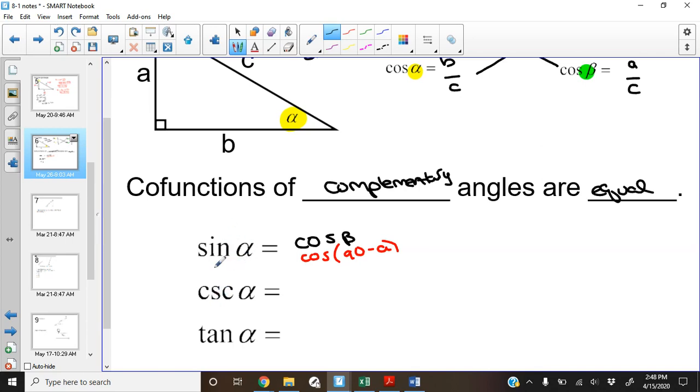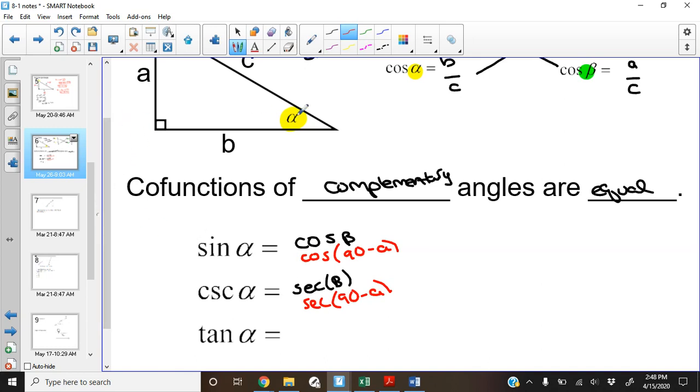So that just means that you've found the reciprocal of this fraction, this value, right? Well, then you would have to do the same thing here and find the reciprocal of cosine. So cosecant of alpha is going to equal secant of beta, which can also be written as secant of 90 degrees minus alpha.